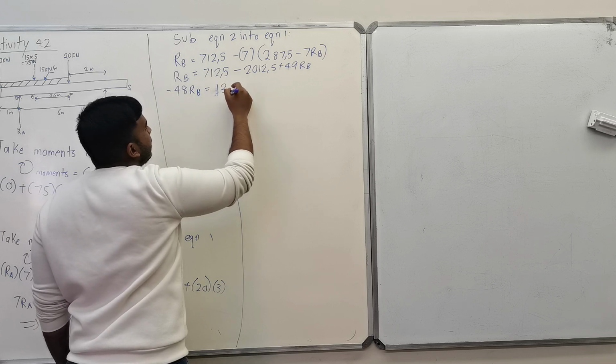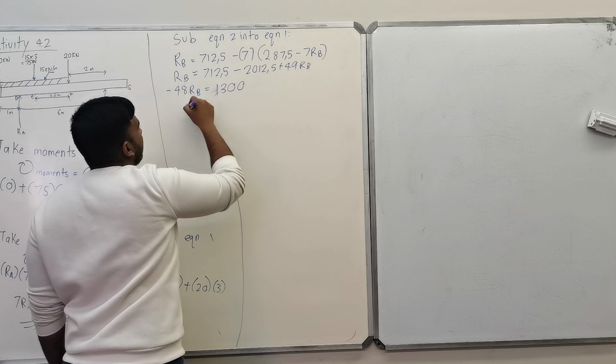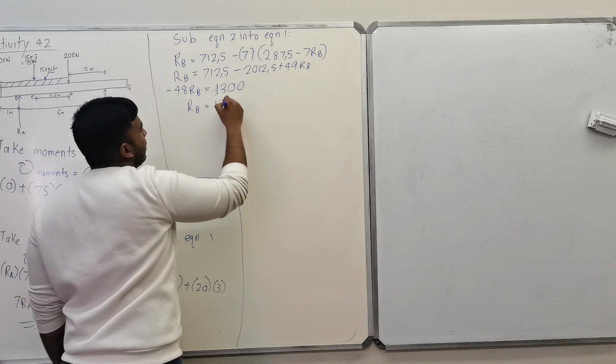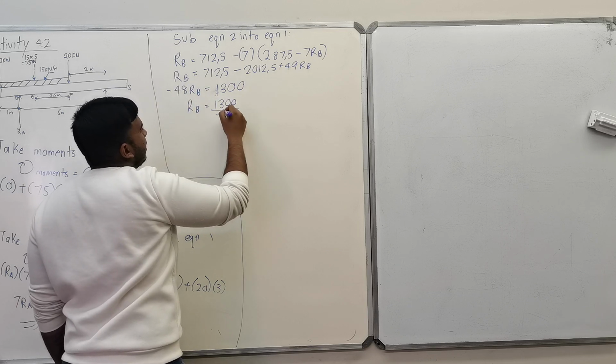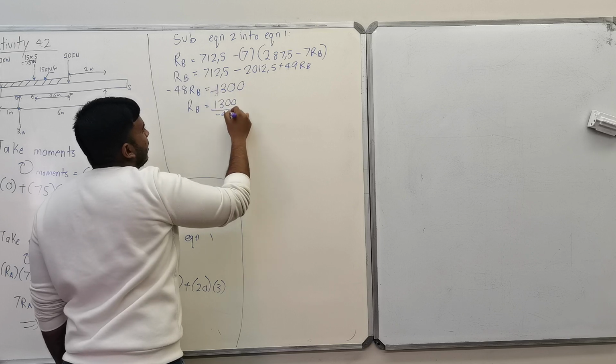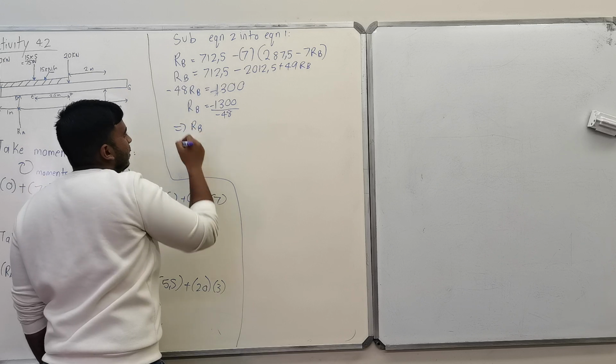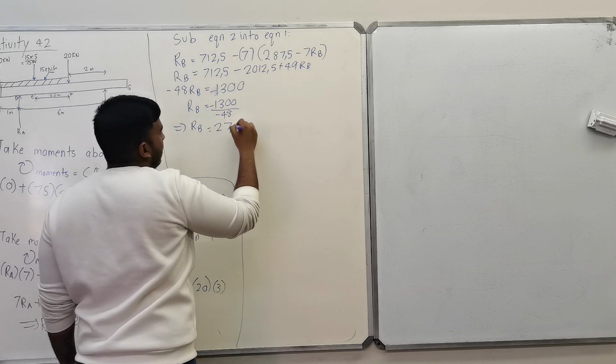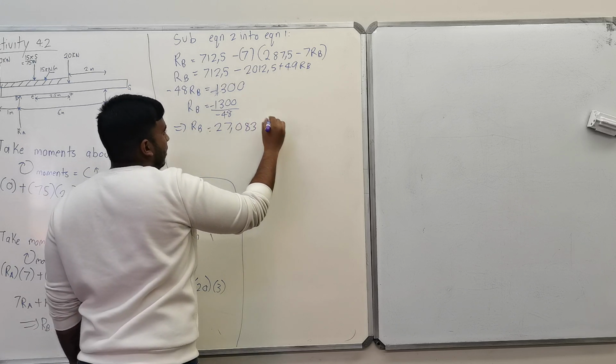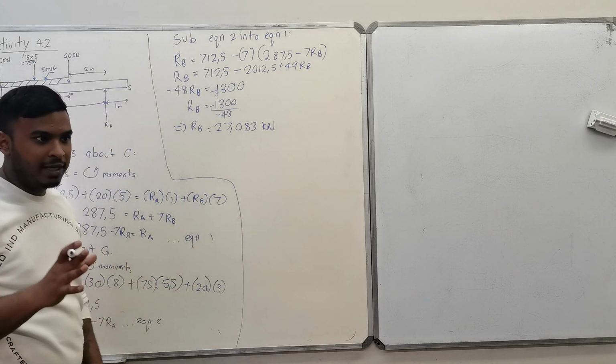Minus 1,300 on there. Okay, RB is equal to 1300 all over negative 48. So RB is equal to 27.083 kilonewtons, right? Everybody understands what I did?